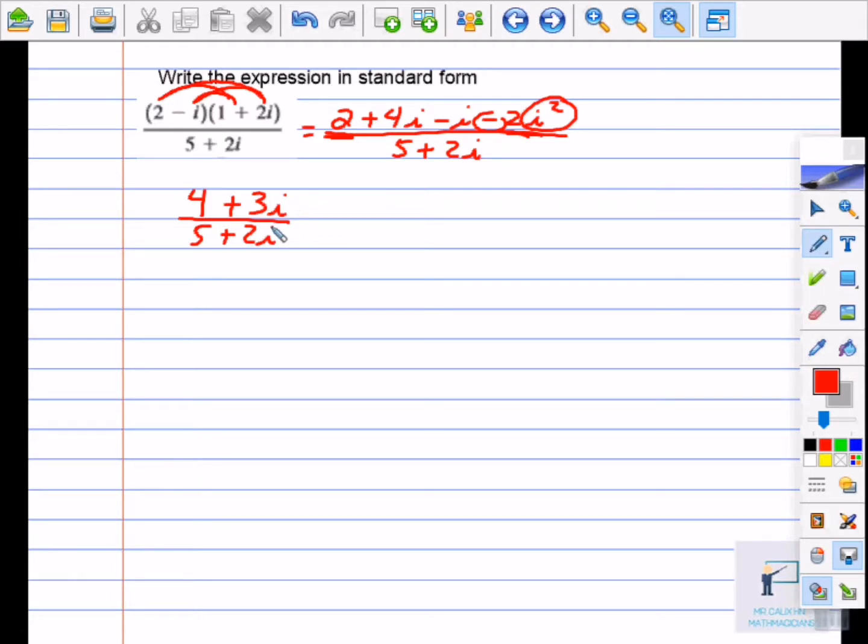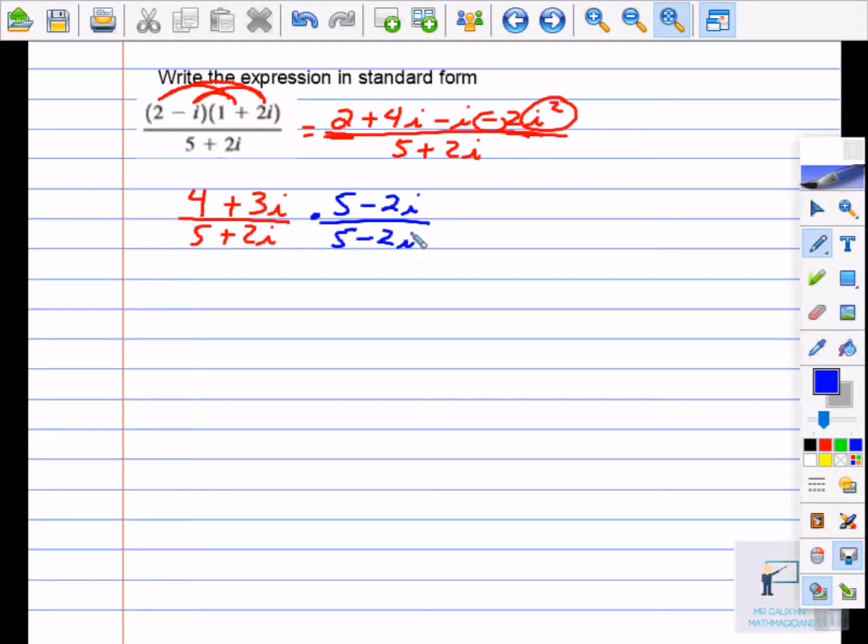Now, the idea is to make the i disappear from the denominator. To do that, we're going to do something called rationalization. Rationalization is multiplying your numerator and denominator by the conjugate, changing the sign of the term you want to eliminate.